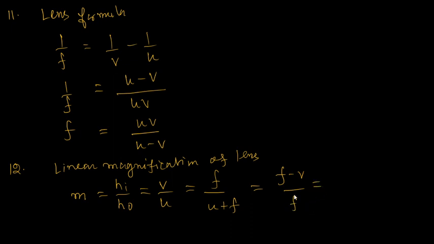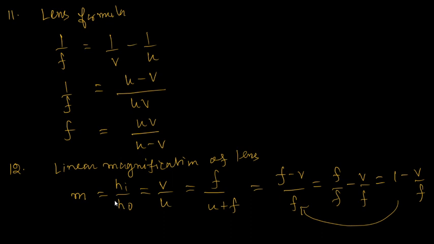That can also be represented, you can split the fraction: f by f minus v by f, which is nothing but 1 minus v by f. Okay. So this will be useful to determine the linear magnification of a lens.